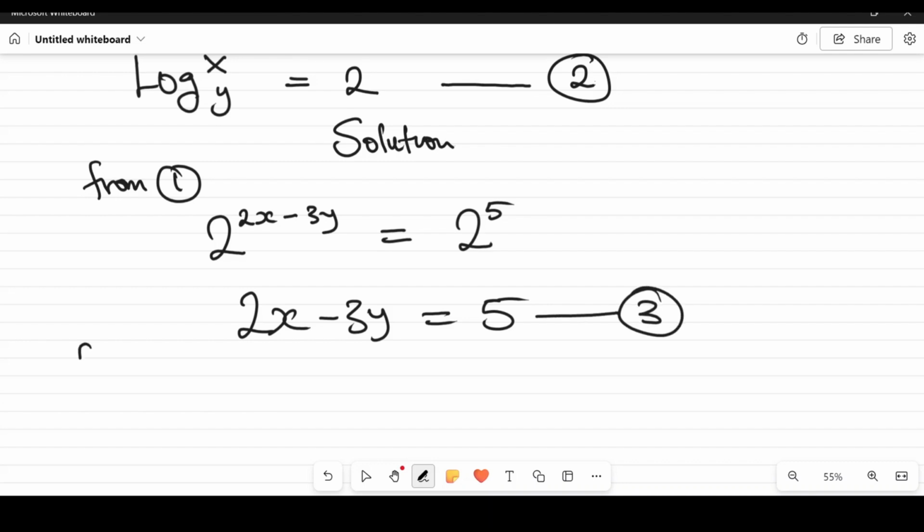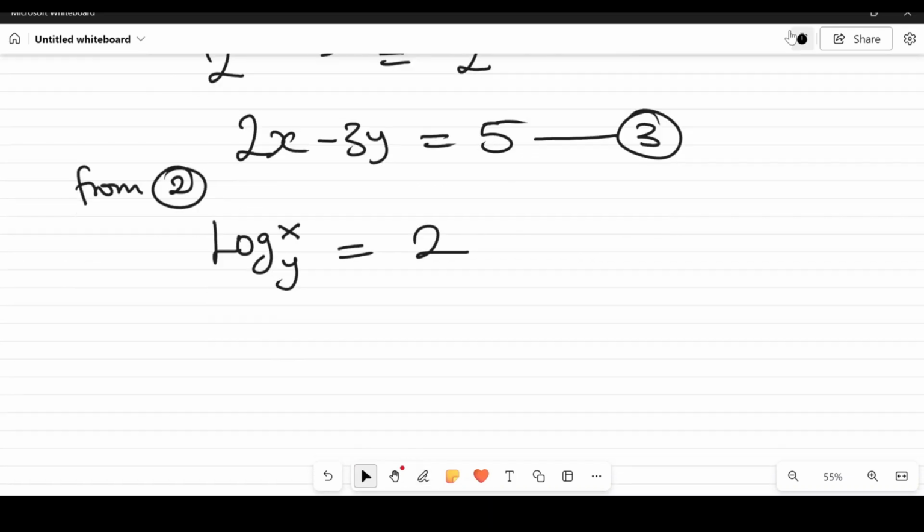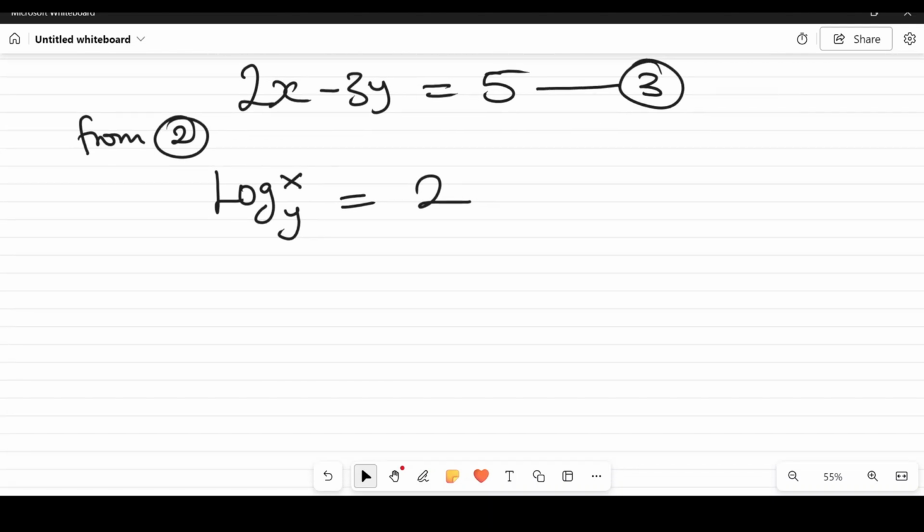Again, from equation 2, we have that log x to base y is equal to 2. So this can be expressed as x equal to y squared. Call this one equation 4. So we have equation 3 and we have equation 4.